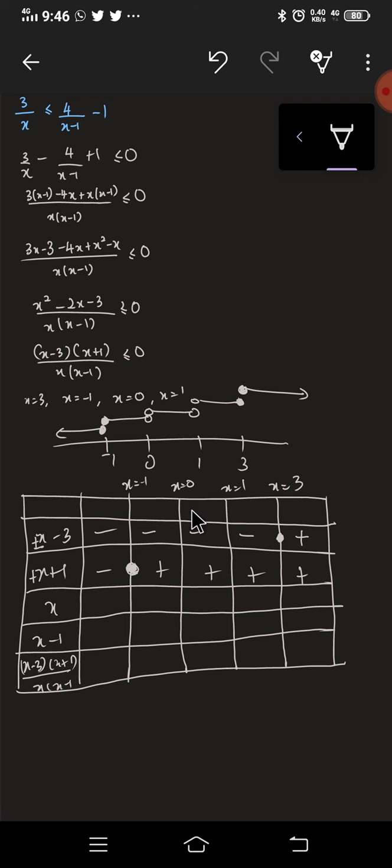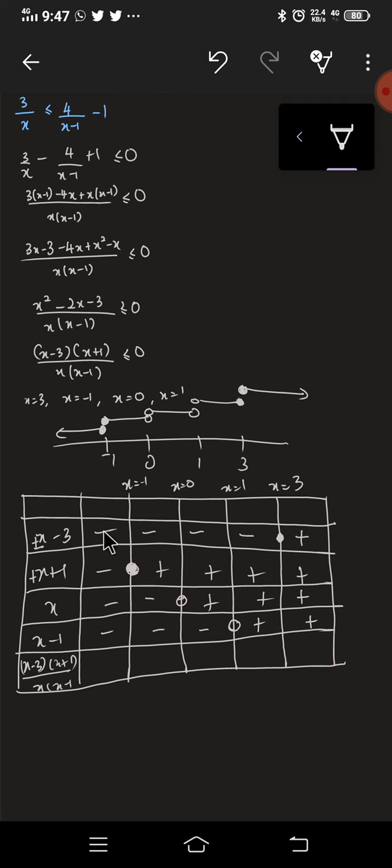At 0, we use an empty circle because x must not be included in the interval. Positive x, so the right side is positive and the left side is negative. For x minus 1, the critical value is 1, positive on the right side and negative on the left side.